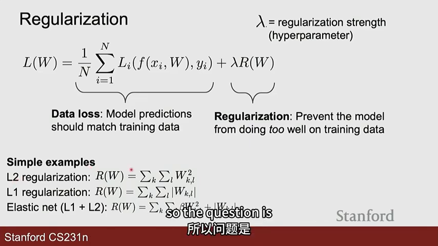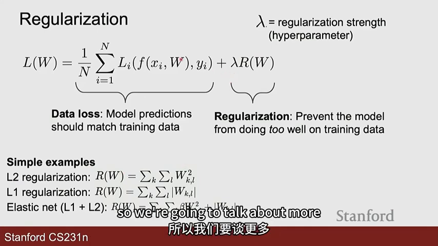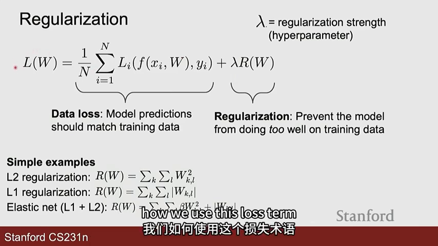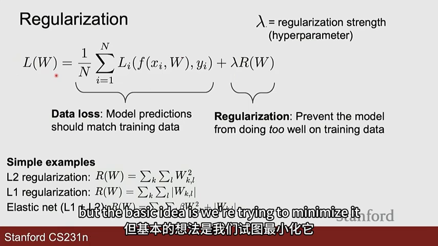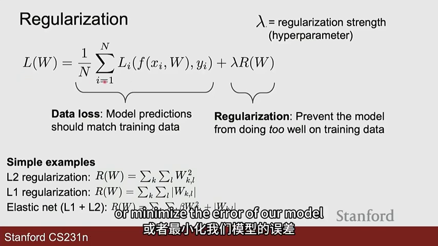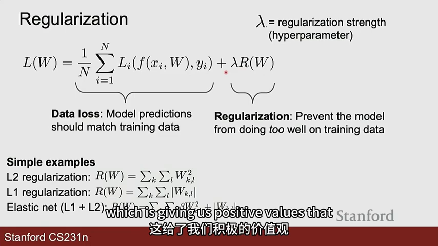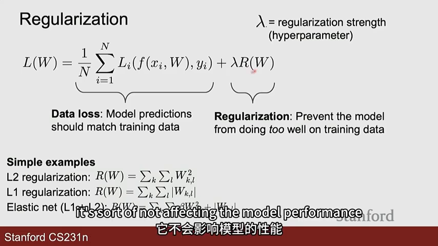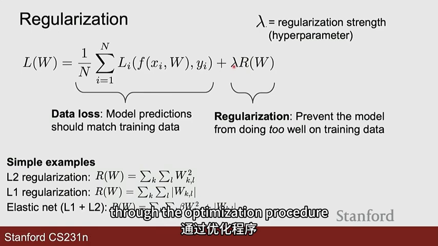So the question is, what does pushing towards a 0 value mean? We're going to talk more about how we use this loss term, but the basic idea is we're trying to minimize it. So we're trying to minimize the loss, or minimize the error of our model. And if we have a term here which is giving us positive values that is not affecting the model performance and the data loss, we will remove those through the optimization procedure.